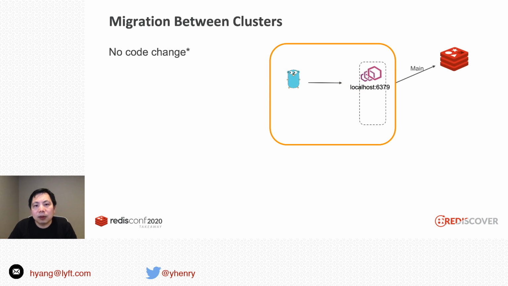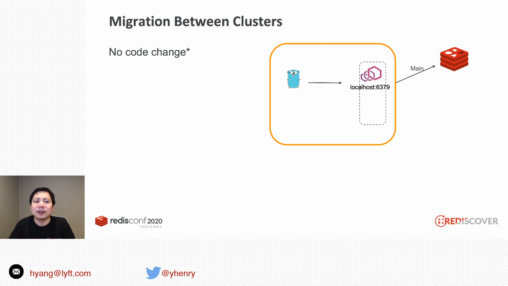Because the number of clusters we have is quite big, we would like to reduce the burden on engineers from different teams to migrate the ring hash clusters to Redis cluster.